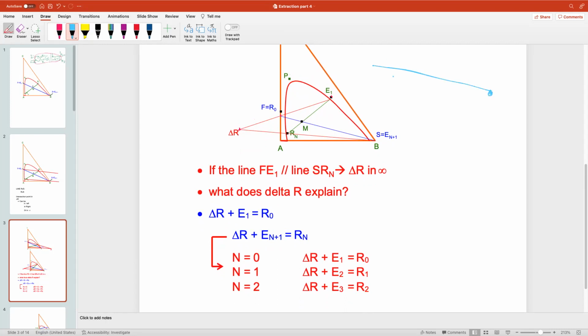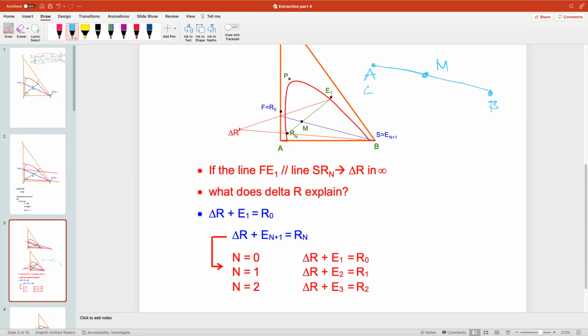If at this point there are two lines, A and B, and we add them together, the mixture would be around this one, for example M. This one is the same.